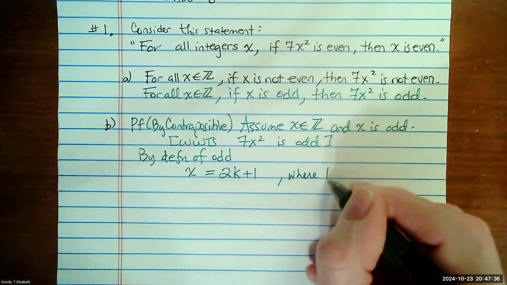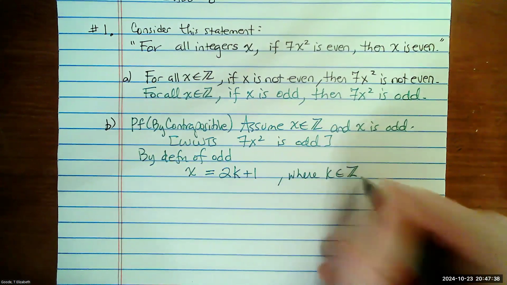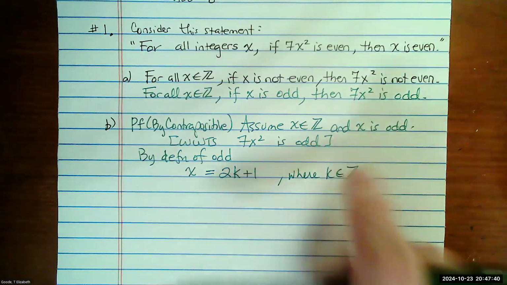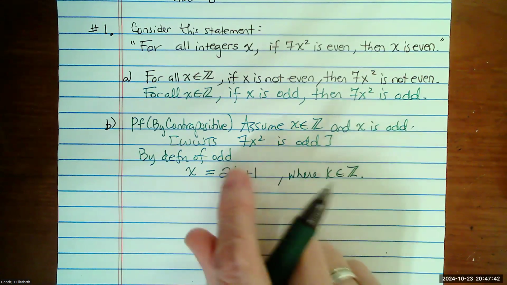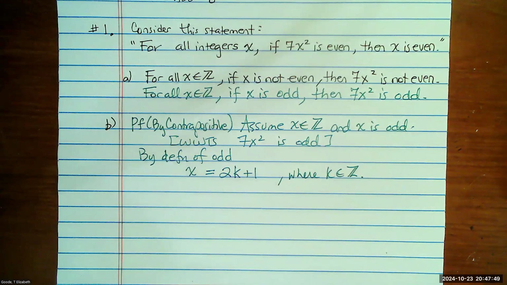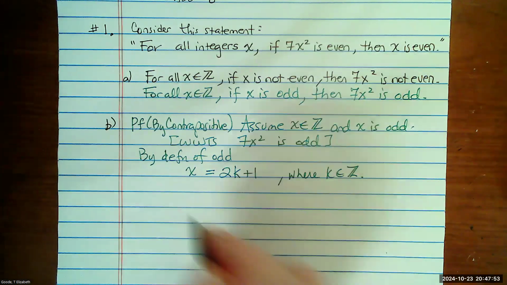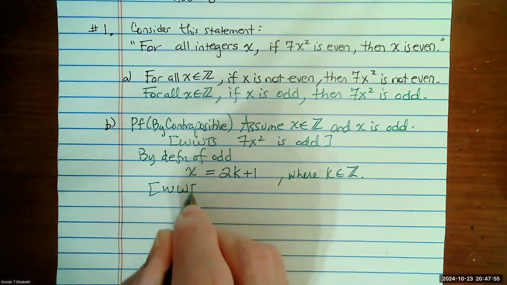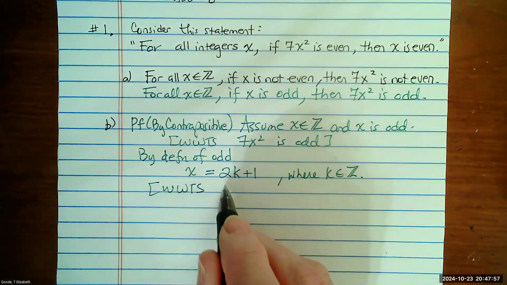where k is in z. Don't forget part 2 of the definition of odd. You know there's 2 parts to the definition of odd. And the wish actually is, so I have for the wish x equals 7 times 2j plus 1 squared.